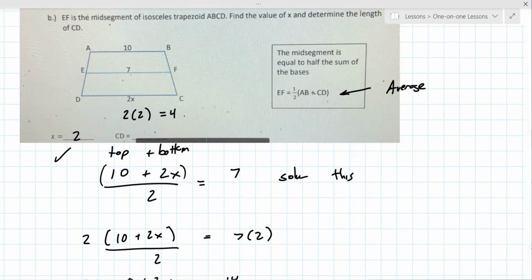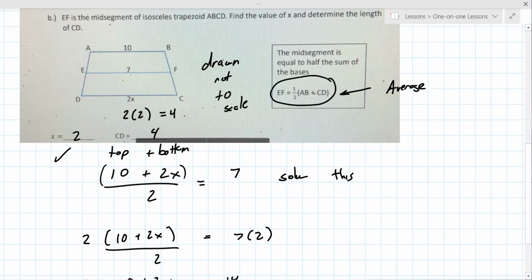The reason I said that it wasn't right is because I didn't realize that they had drawn this not to scale, but really DC is smaller than AB. Not sure why they chose to present it that way, but they did. If you don't know this formula, you'd have to memorize it. If you're not sure if you're given it, you'll have to memorize it. So on.